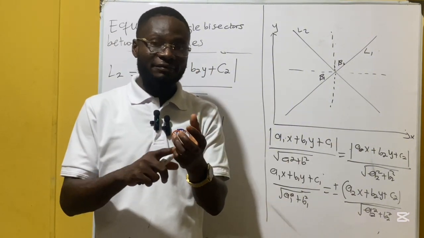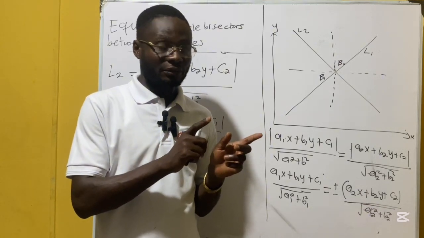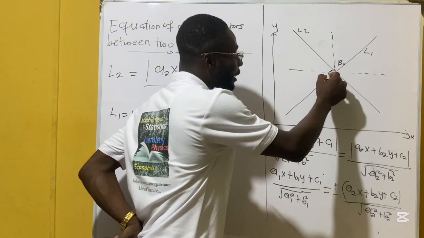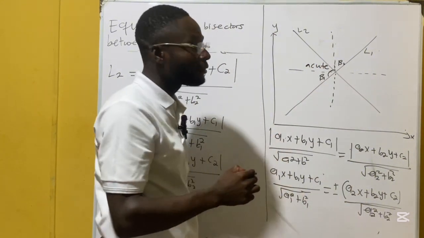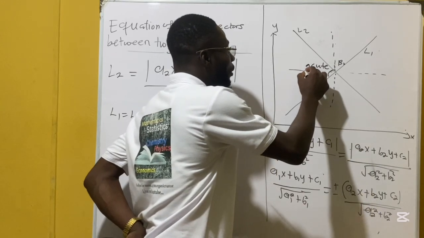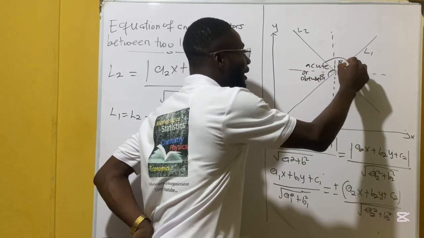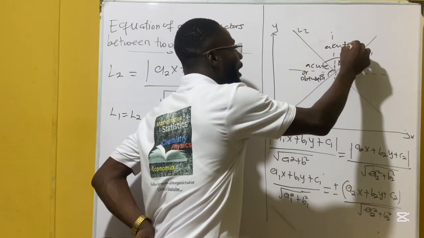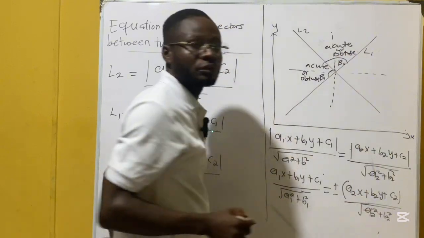It can either be an acute or obtuse angle. So the angle that forms here can either be acute or obtuse, and the one that forms here will also either be acute or obtuse.